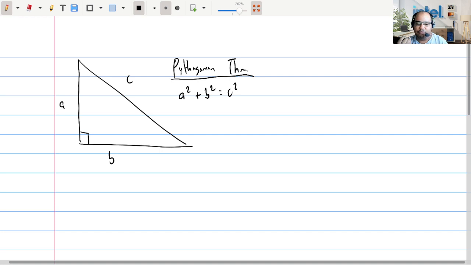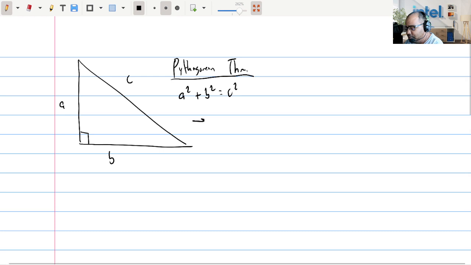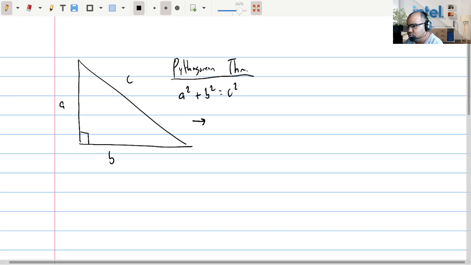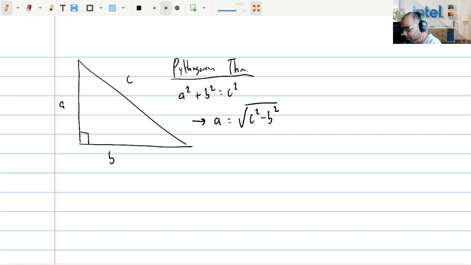This is how we find the lengths of sides of right triangles. And we can, of course, rearrange this to solve for any other side. For example, if we want a, we do a bit of algebra: subtract b squared on both sides and then take a square root. We'll get that a is equal to the square root of c squared minus b squared.